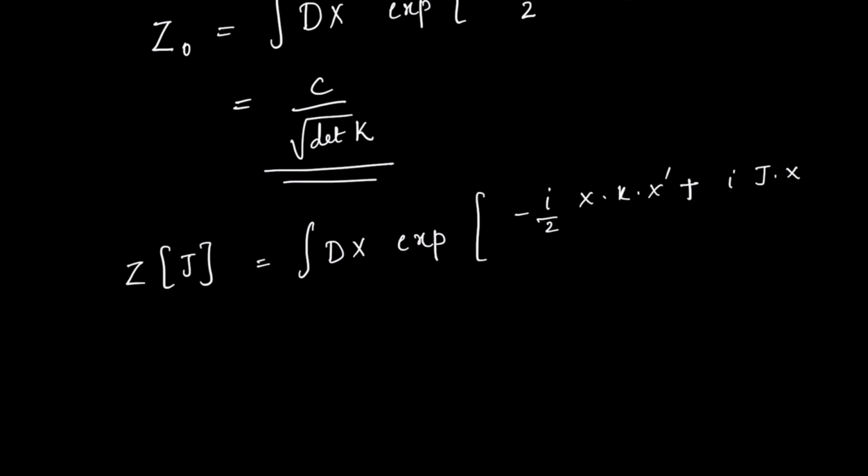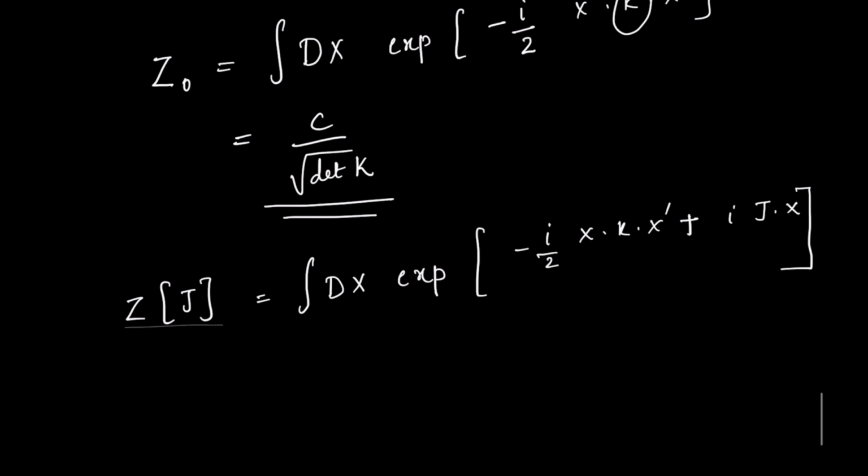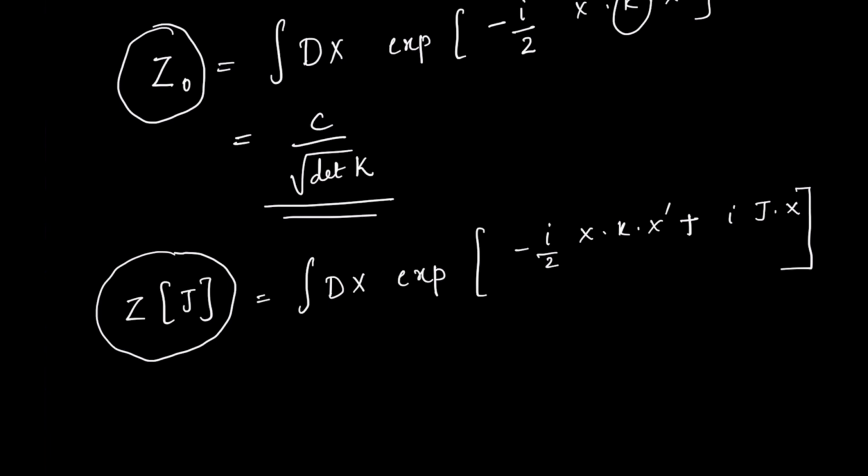In shorthand notation I'm just writing e raised to i j x. But you have to remember that j and x are matrices. So we have an infinite dimensional version of z naught, right? So z of j is the infinite dimensional version of z naught.